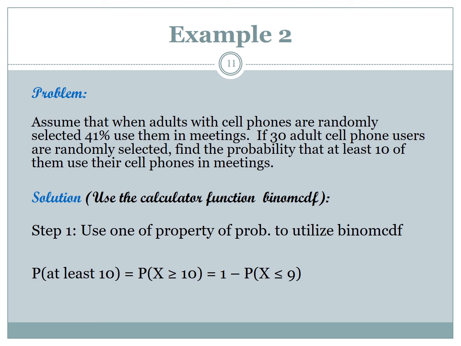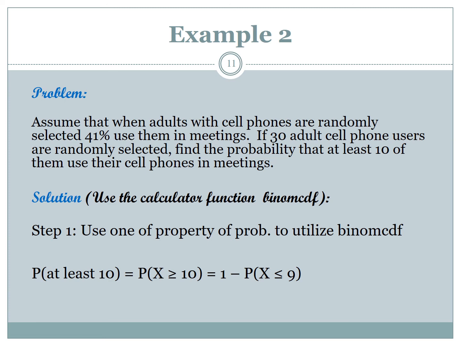We have one for less than or equal to 10, or less than or equal to 9, or anything like that. So we have to use our knowledge about probabilities, and in this case, we use the complement rule. The complement rule says that the probability of x greater than or equal to 10 is 1 minus the probability of x less than or equal to 9.